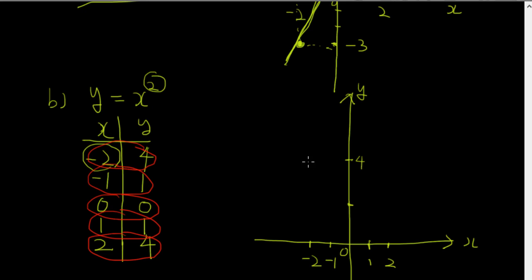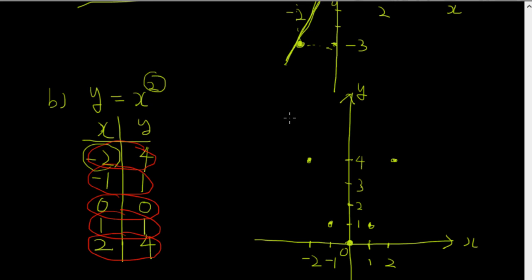Let's say 4 is here, this point. When x equals -1, it's going to be 1. So it's 1, 2, 3, right? Then it's going to be 1. When 0, 0, right there, then 1, 1, and 2, 4.